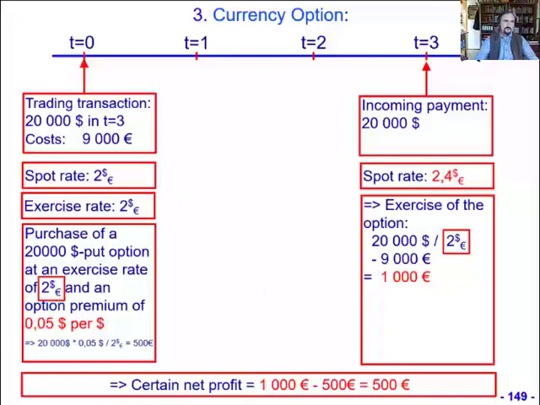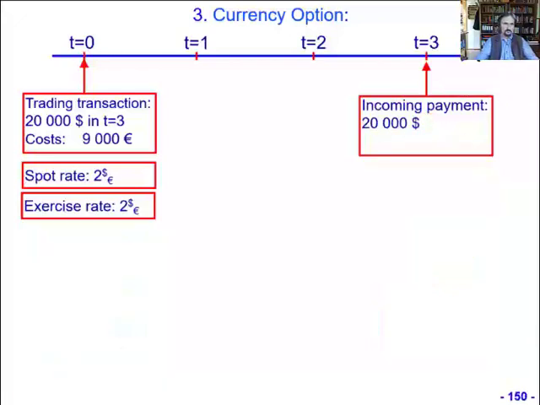Now, the advantage of using an option is that we do not have the obligation to make use of it. So, in case the dollar would not depreciate but appreciate compared to this spot exchange rate, we could use this possibility and exchange our dollar income at a better exchange rate. This is shown by the next example.